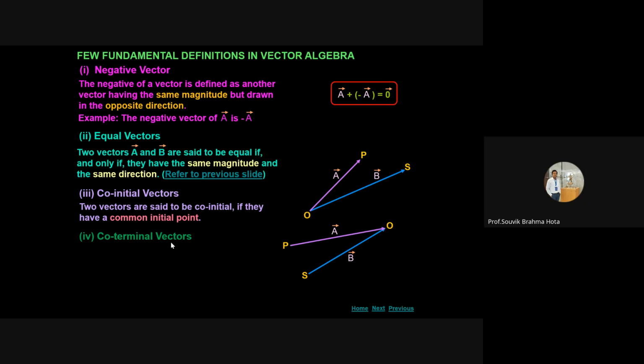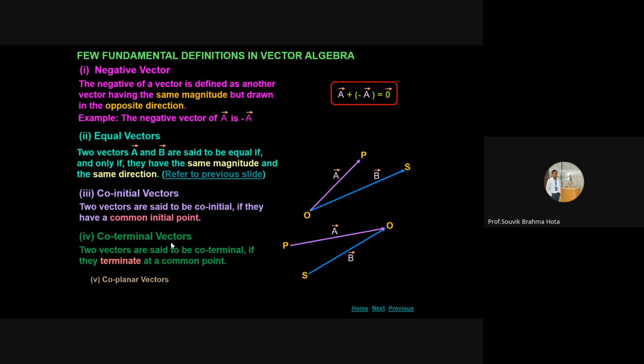So that means from P and S they are originating and they are meeting at O. So they are known as co-terminal because they are terminating at O. Both A and B are terminating at the same point, so they are co-terminal vectors. Two vectors are said to be co-terminal if they terminate at a common point.